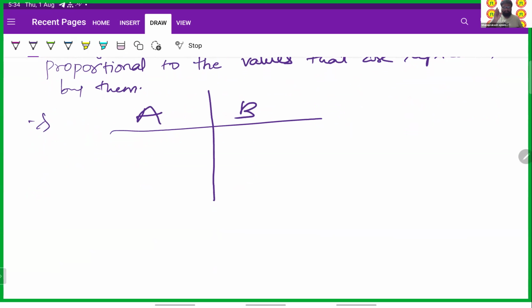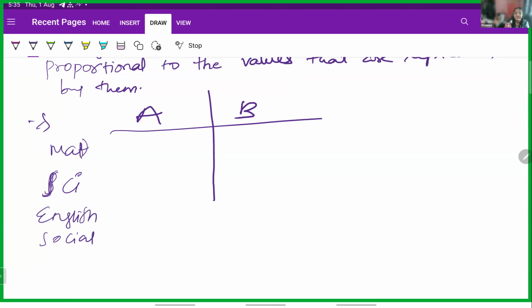Suppose I am considering 4 subjects here: maths, science, English, and social.